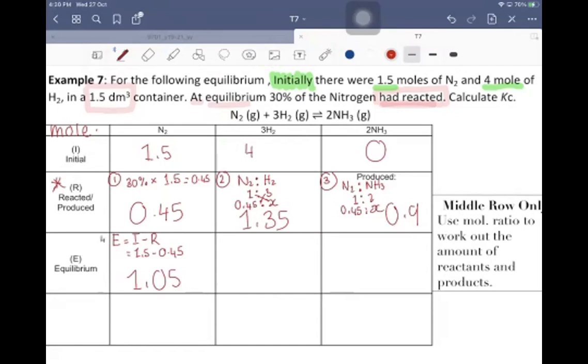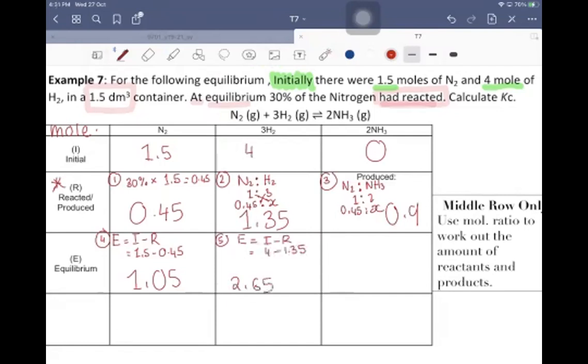Step number 4 is to find the value at equilibrium using initial minus reacted. Likewise, to find the number of moles of the second reactant, which is hydrogen, you take E equals I minus R. So that means initial is 4, reacted is 1.35, you should get 2.65.